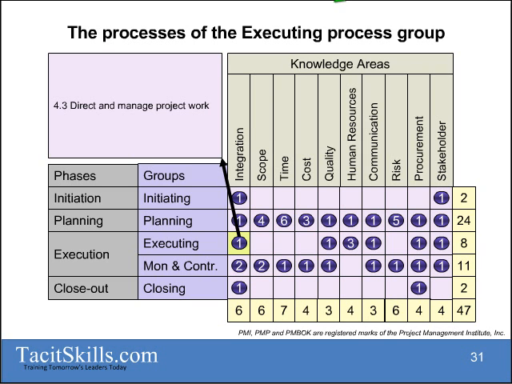So the very first process there in integration, when we look at executing, would be that we direct and manage our project work. Now, in directing and managing the project work, what does that mean? That means that if we are looking at the areas like scope, time, cost, I would also manage the scope, manage the progress against time, manage the progress against cost.